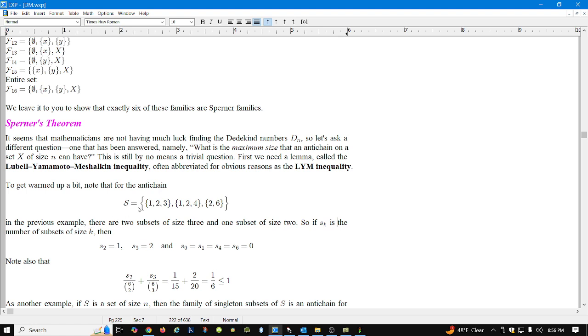So in this case, S2 is 1. There's one doubleton subset in the antichain. S3 is 2. There are 2 subsets of size 3. As to subsets of size 0, 1, 4, or 6, there are none. Did I miss something? 5.